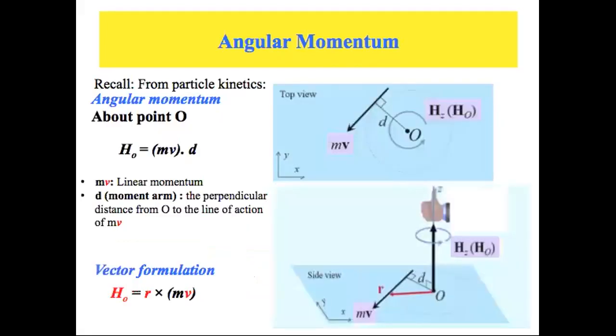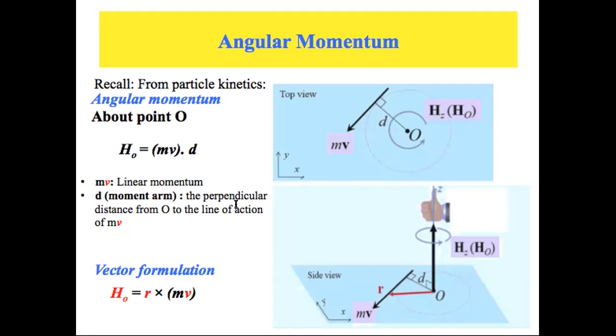Also, from particle kinetics, we talk about the angular momentum of a particle about a specific axis. The angular momentum h is calculated by two methods, a scalar method and a vector method. In the scalar method, mass times velocity means the linear momentum, times d.